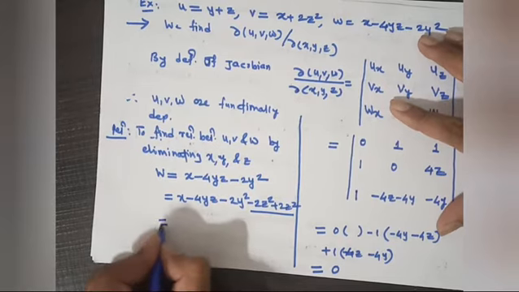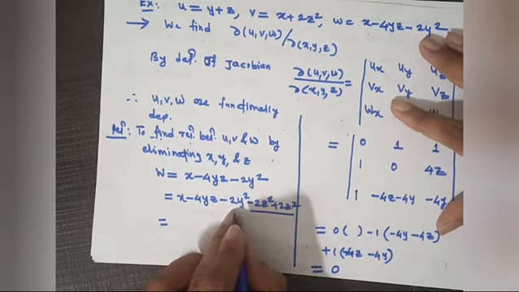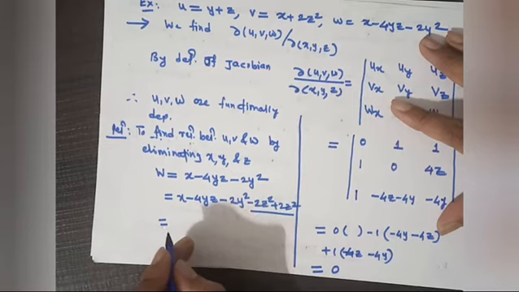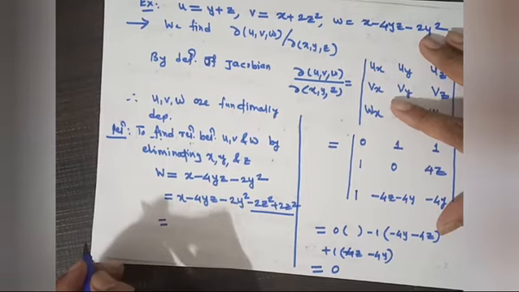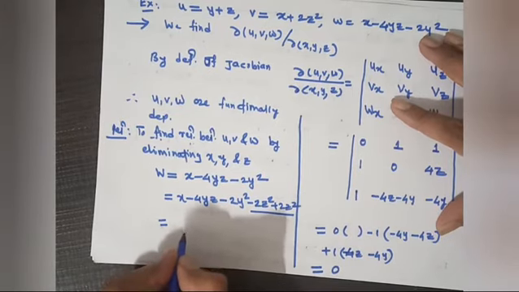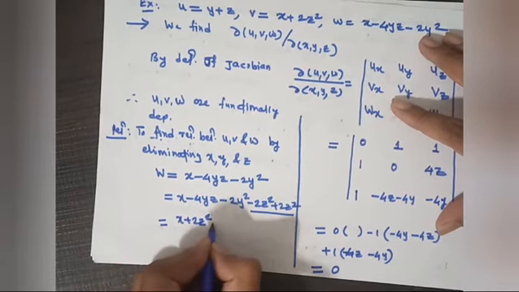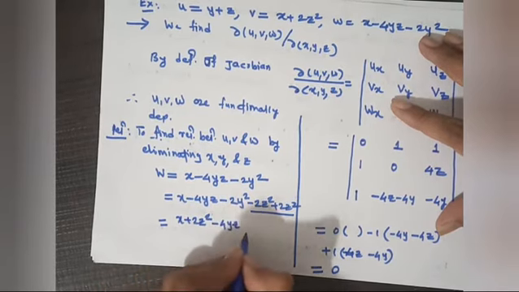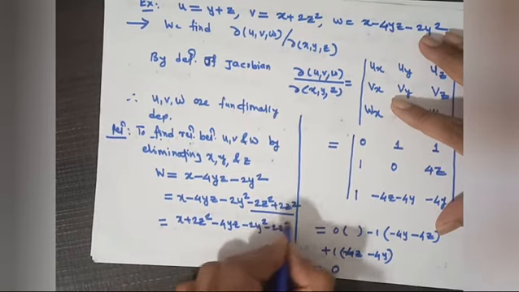So the value of this is equal to x minus 4yz minus 2y square. What is the value of this? So x plus 2z square, so I am writing here x plus 2z square minus 4yz minus 2y square minus 2z square.